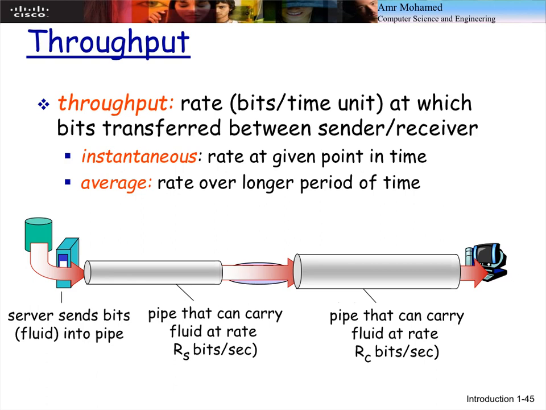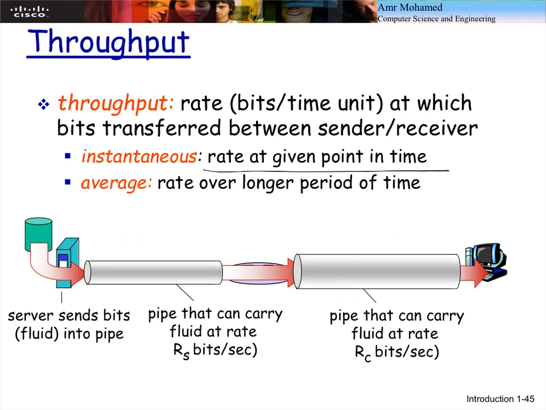So first of all, we know that throughput can be measured instantaneously. Instantaneously, it's the rate at a given point in time. It's the rate that a sender can send to a remote receiver at any point in time.